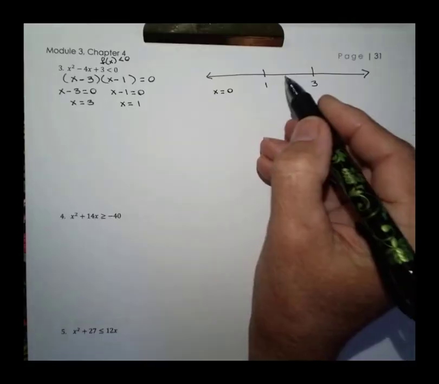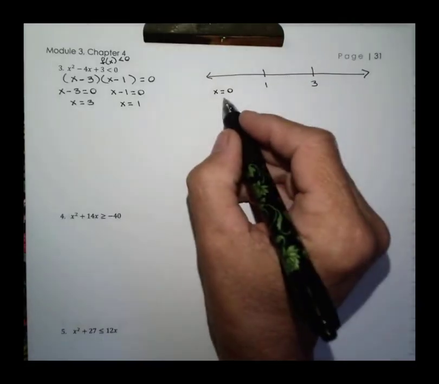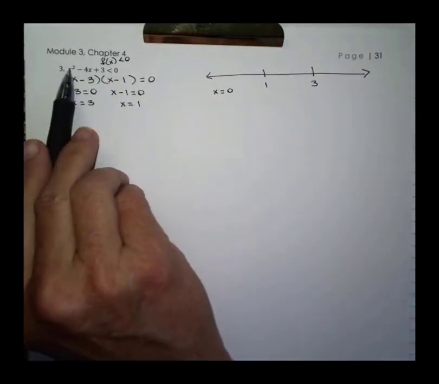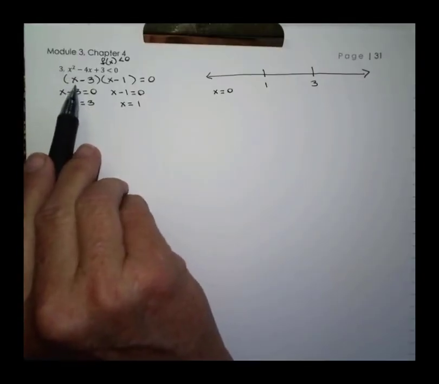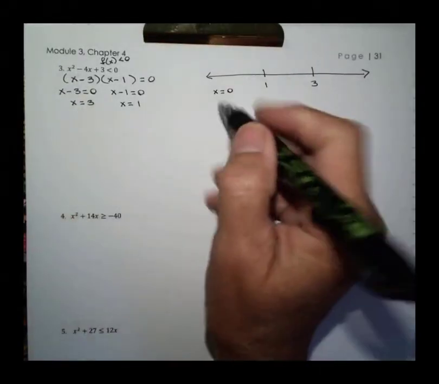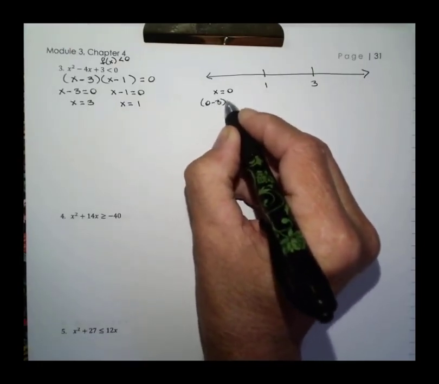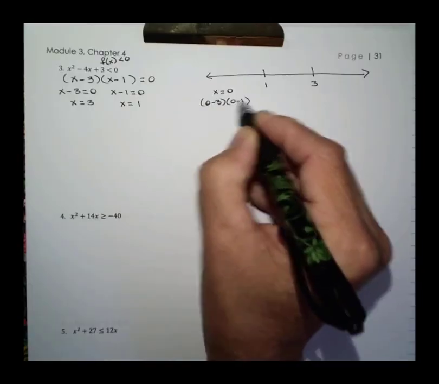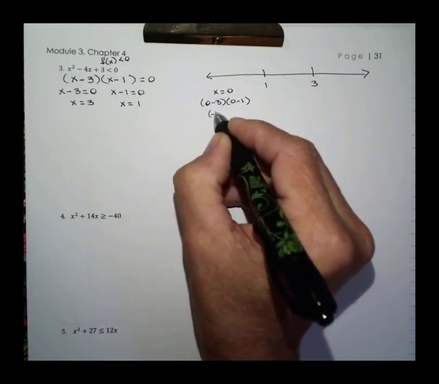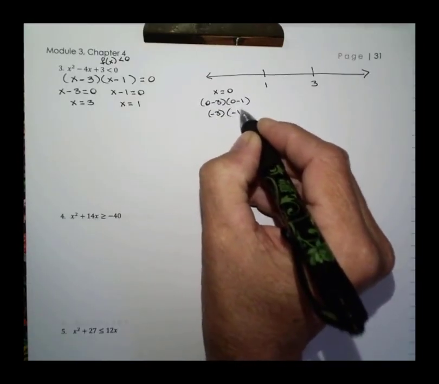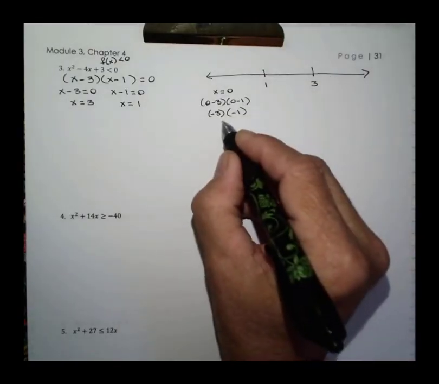So I'd say if x is equal to 0 over here, and I plug in 0, and you could plug it into either of these equations. Sometimes it's easier to plug it into the factored form. So I'll say, well, this is 0 minus 3 times 0 minus 1, or negative 3 times negative 1, and it's going to be a positive value, isn't it?